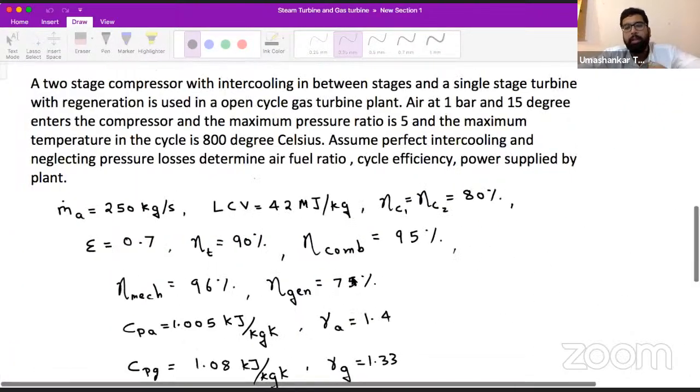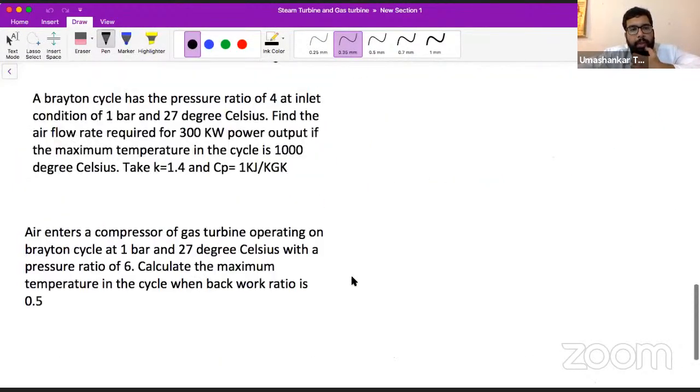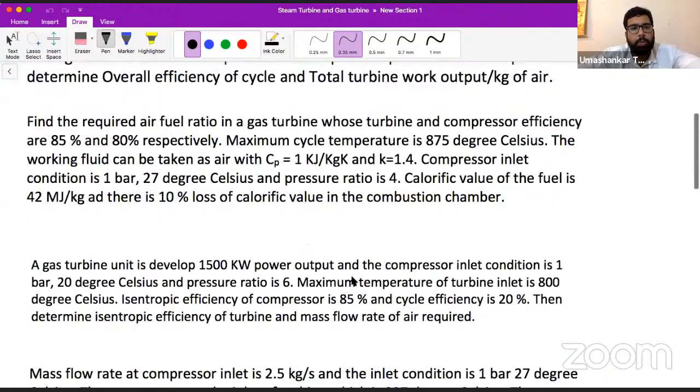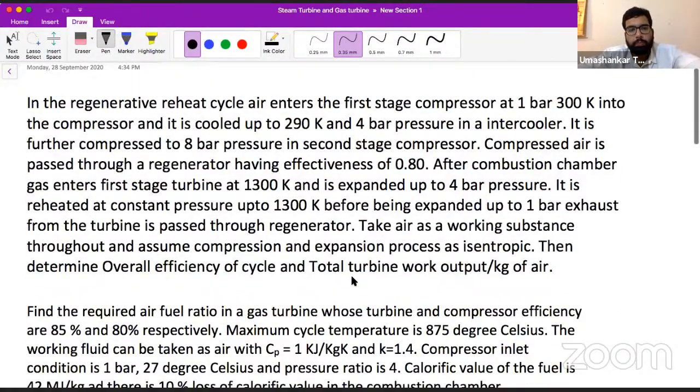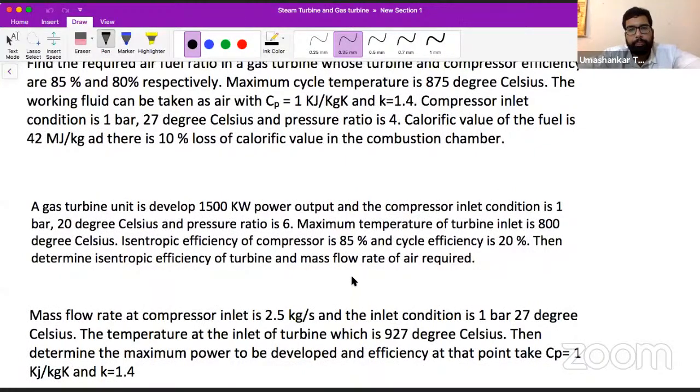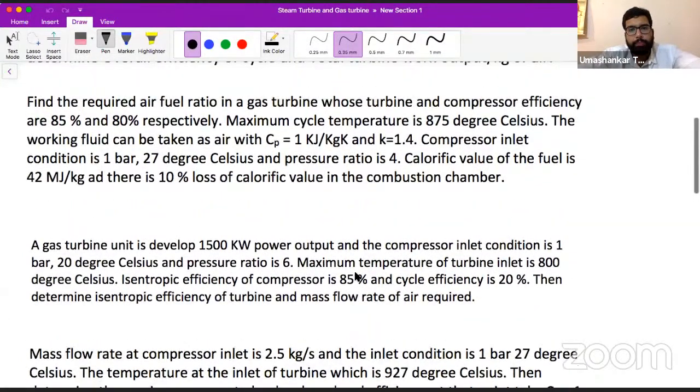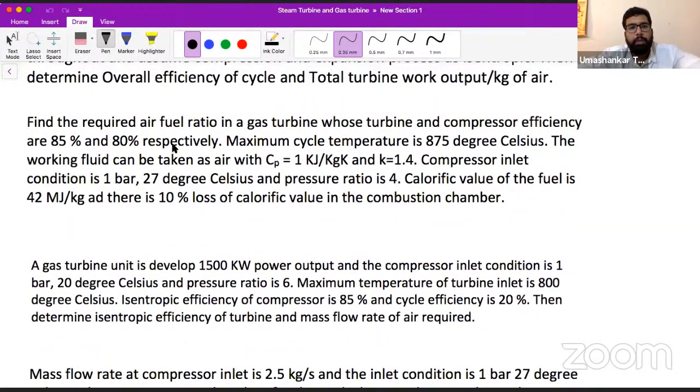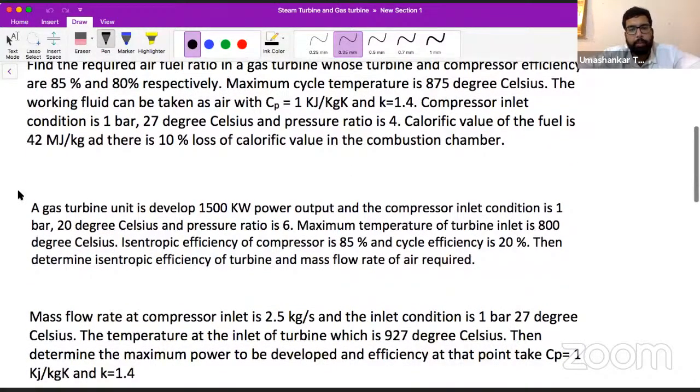If it is clear, the live students can respond to me. So let's do this gas turbine question first.